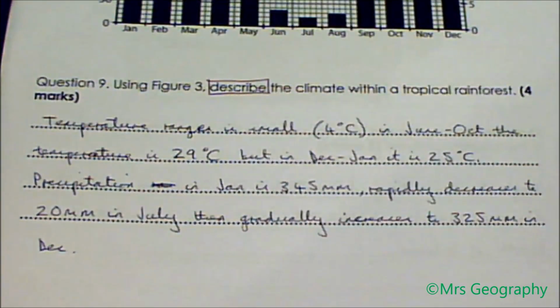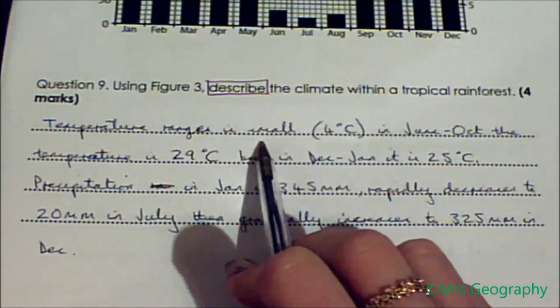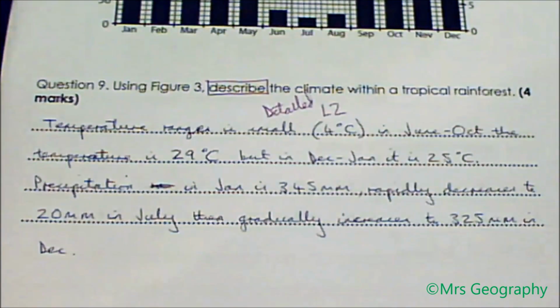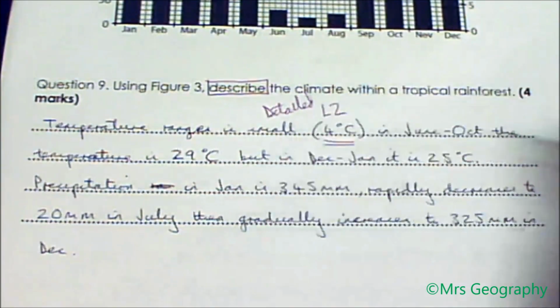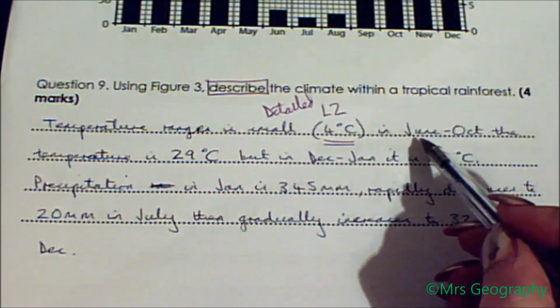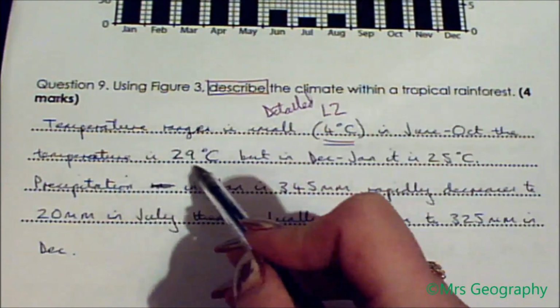To describe, so only to give features you see. We know in this question that the temperature range is small. That's very detailed. It shows they've looked at the graph. That would be level 2. They've given a number, but now we need to check if that number is correct. So they've actually used the graph by saying in June to October the temperature is 29.